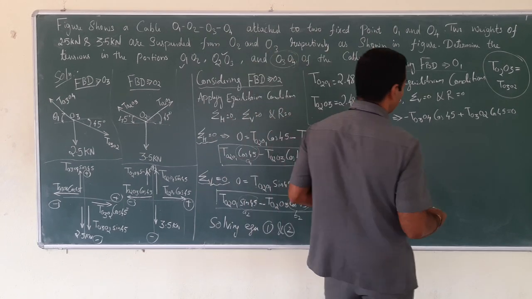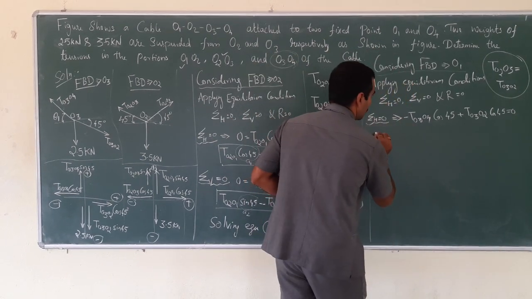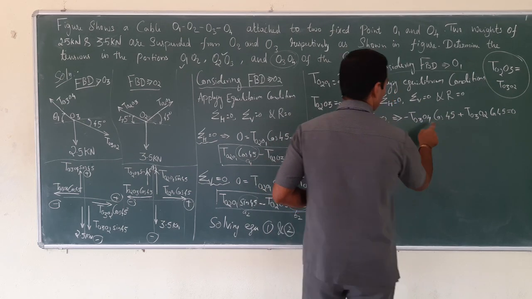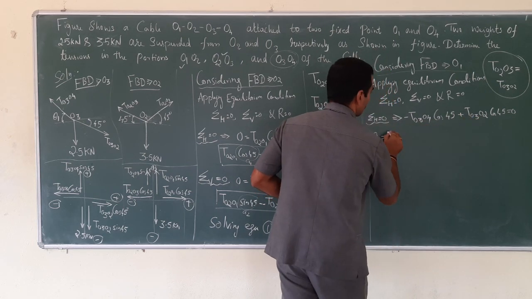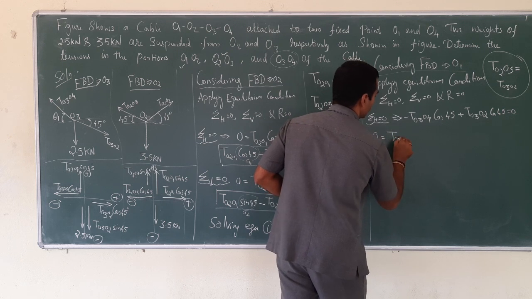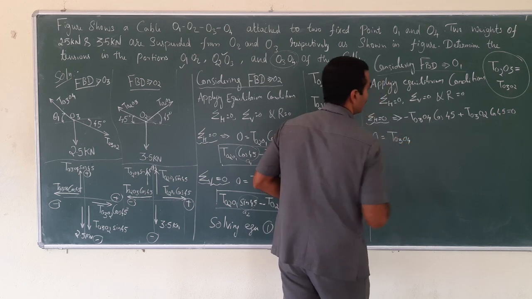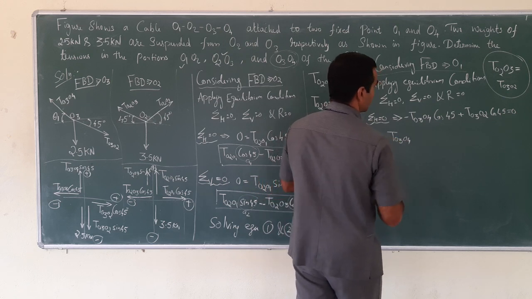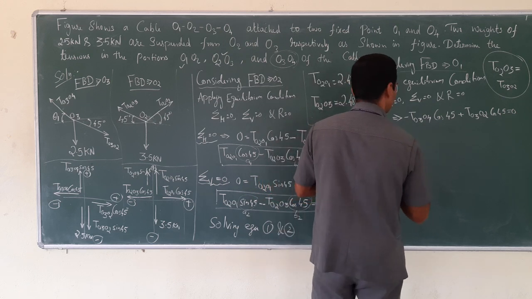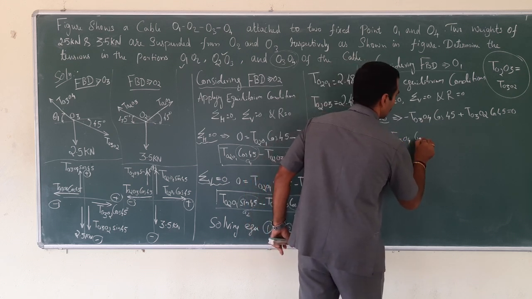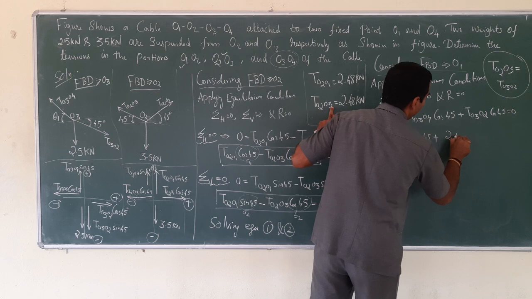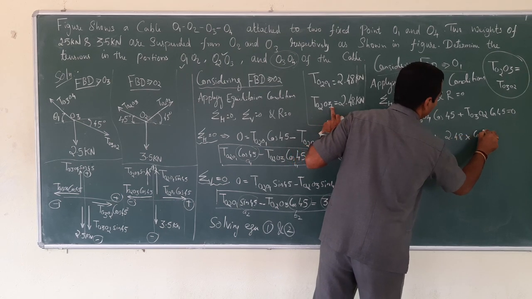Let me rearrange this as 0 equal to minus TO3O4 cos 45 plus, substituting this value, 2.48 into cos 45.